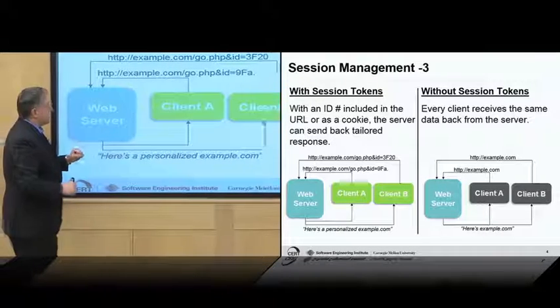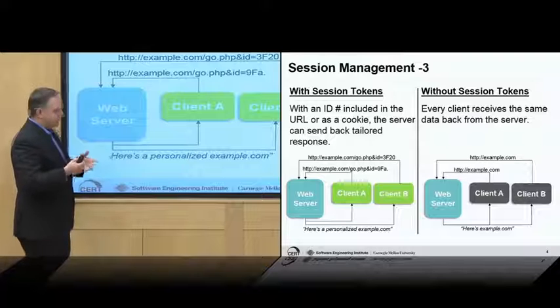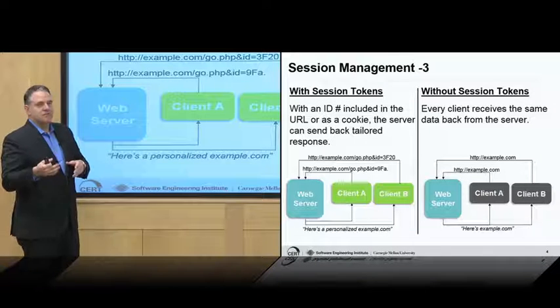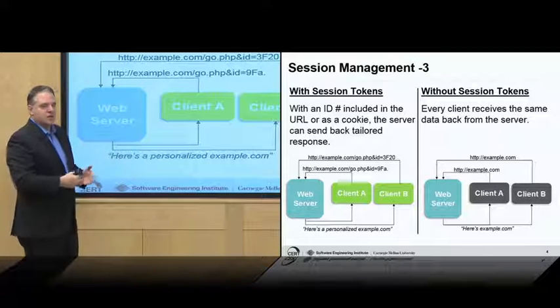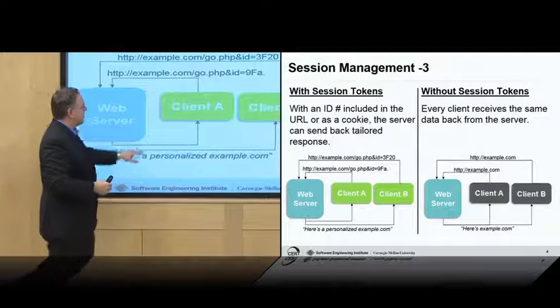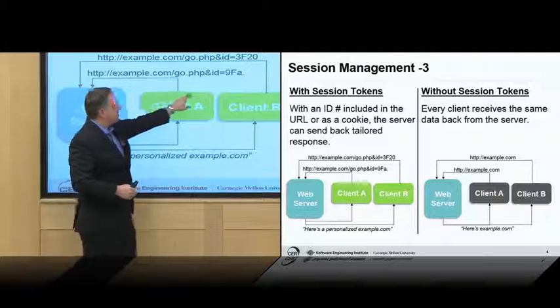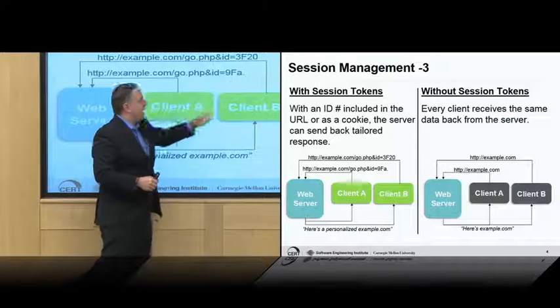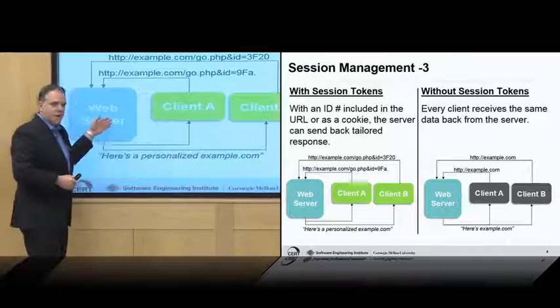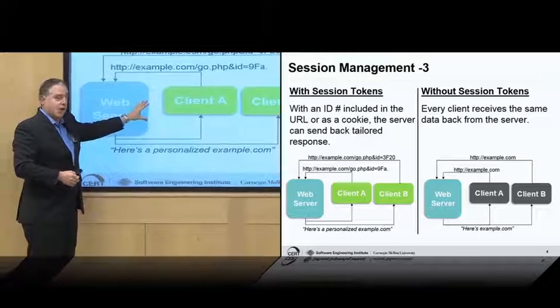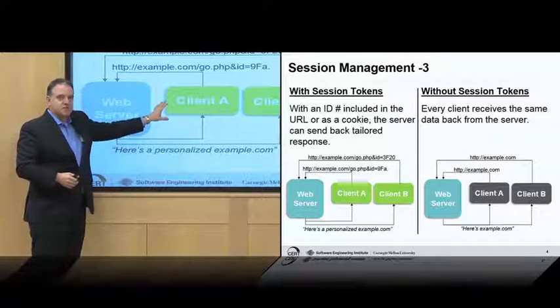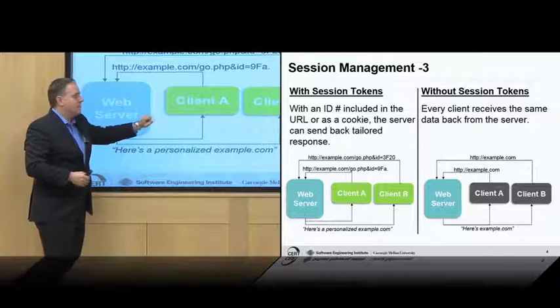With session IDs, you actually have the ability to give different responses based on what that session ID is. So if client A here is asking for example.com, but they have a session ID of 9FA, the server can recognize the fact that that's client A and give them a personalized version of example.com.